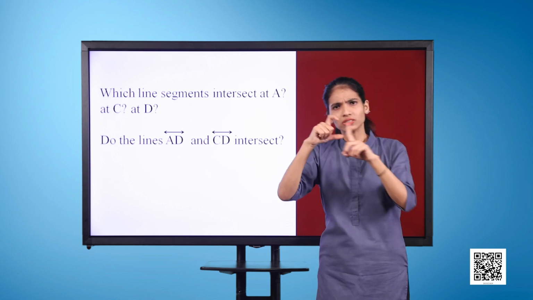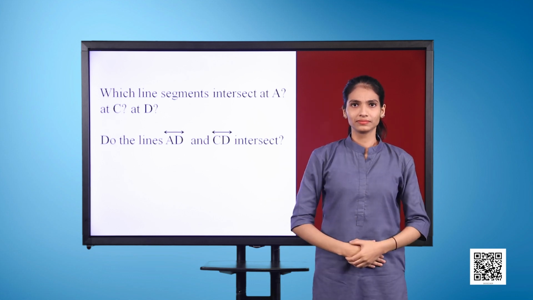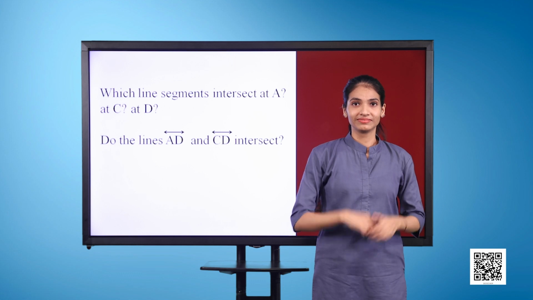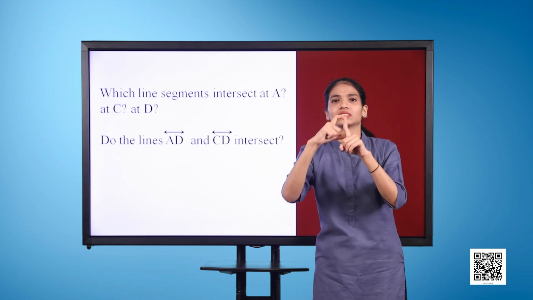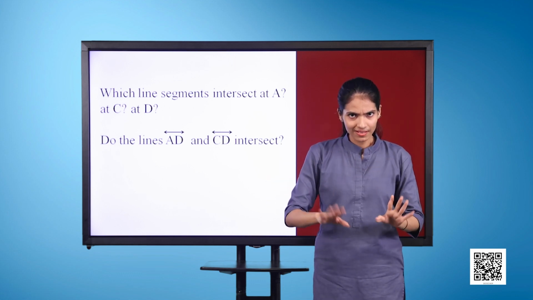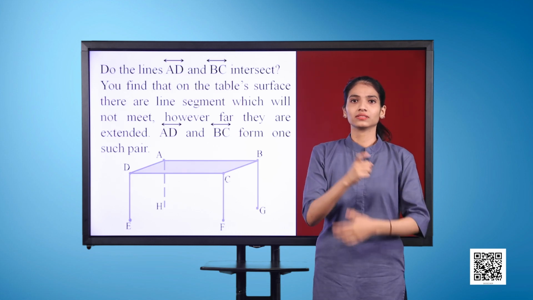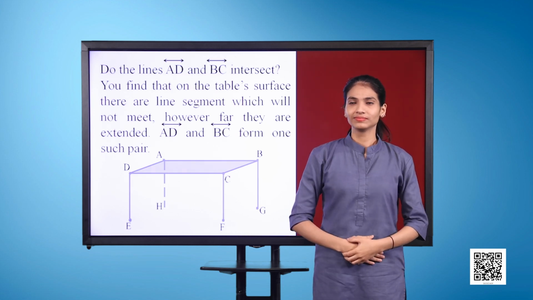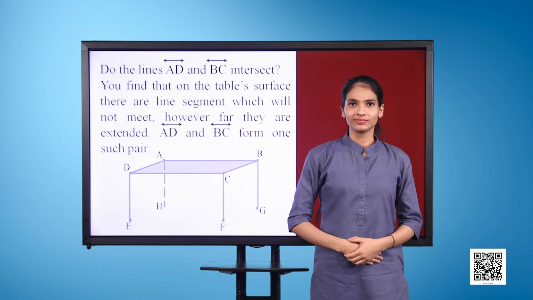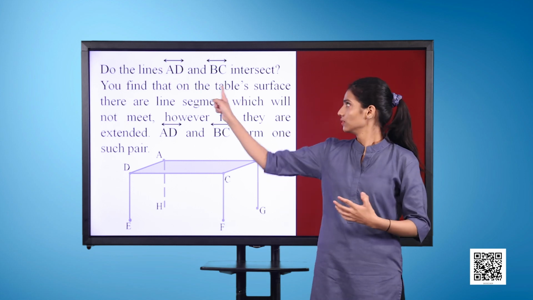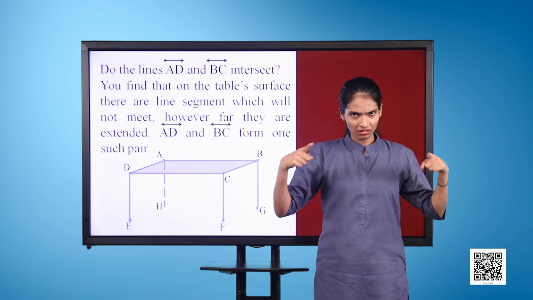At C, at D? Do the lines AD and CD intersect? Do the lines AD and BC intersect?